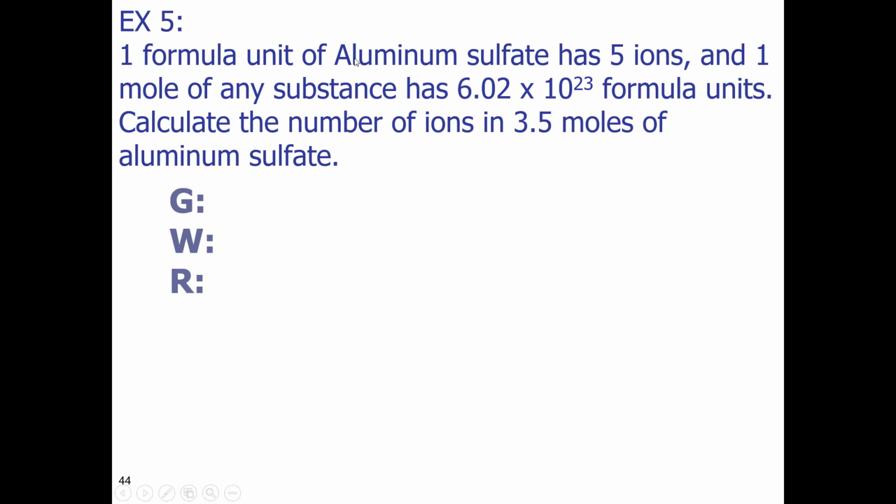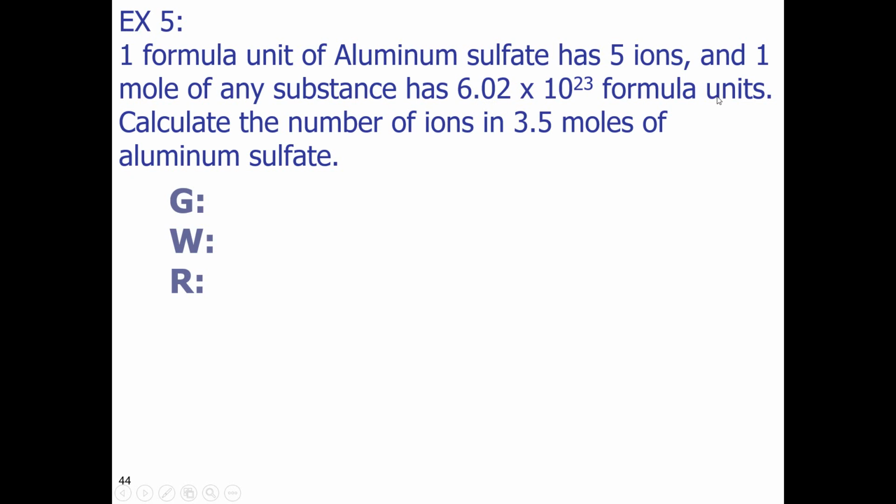One formula unit of aluminum sulfate has 5 ions. Ooh, that sounds like a ratio, doesn't it? One formula unit has 5 ions. That sounds like a ratio, and I'm going to put that one in my back pocket. And 1 mole of any substance has 6.02 times 10 to the 23 formula units.